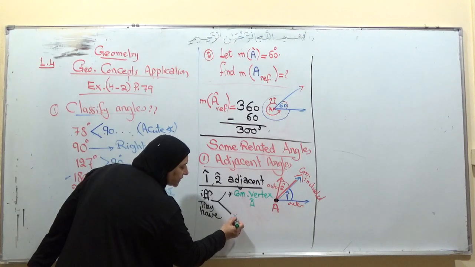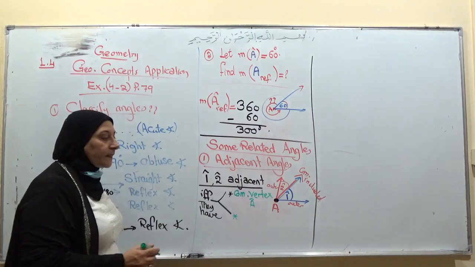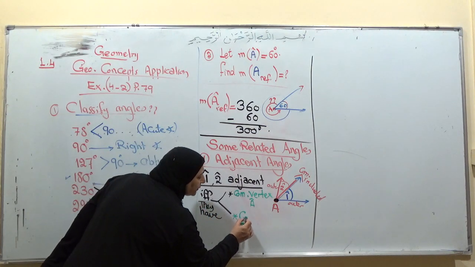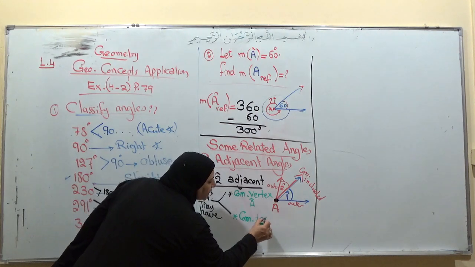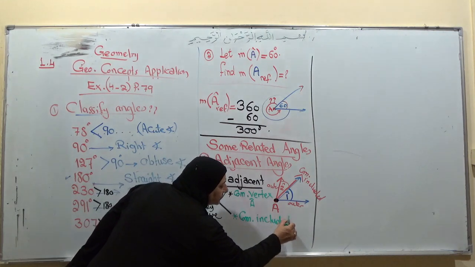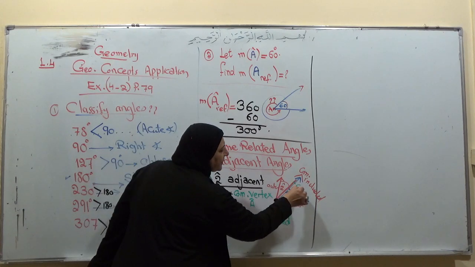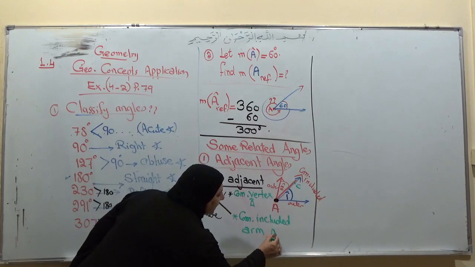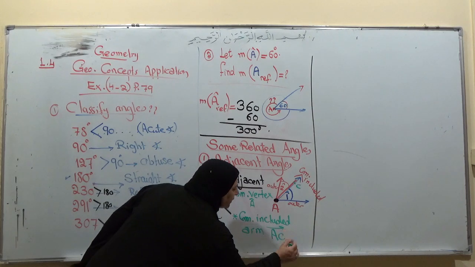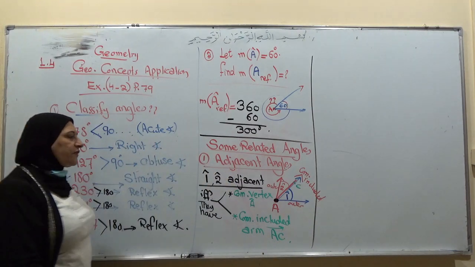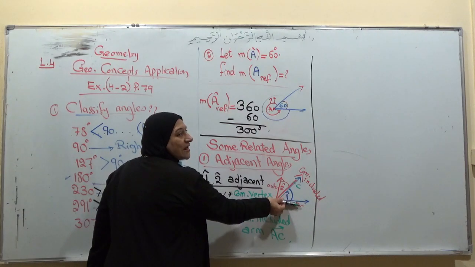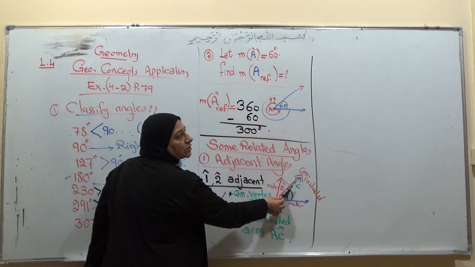Number 2, they have a common included arm, which is, for example, AC ray. So if you find the common side, the end of the first is the initiation of the second.